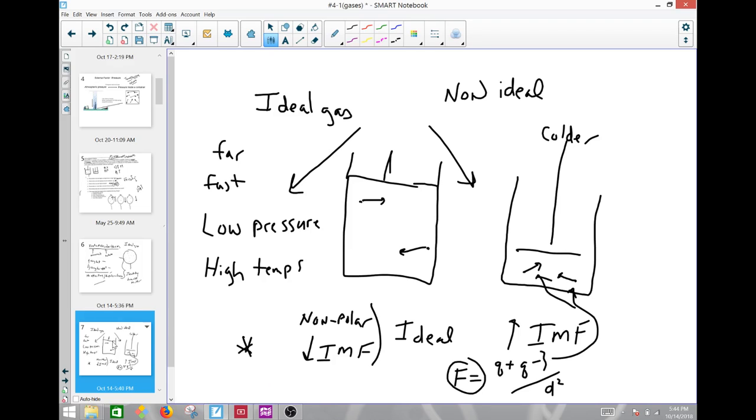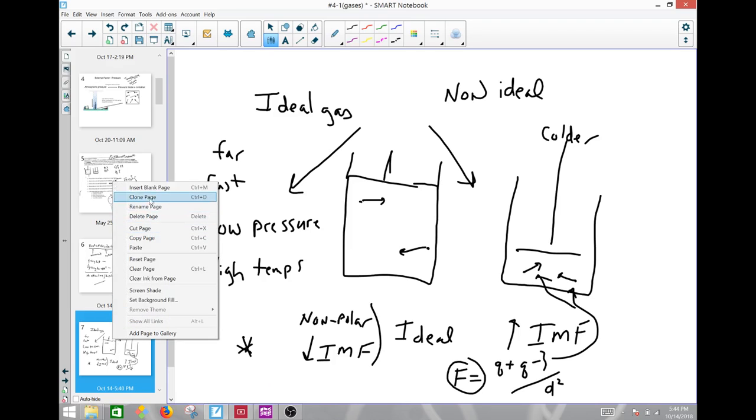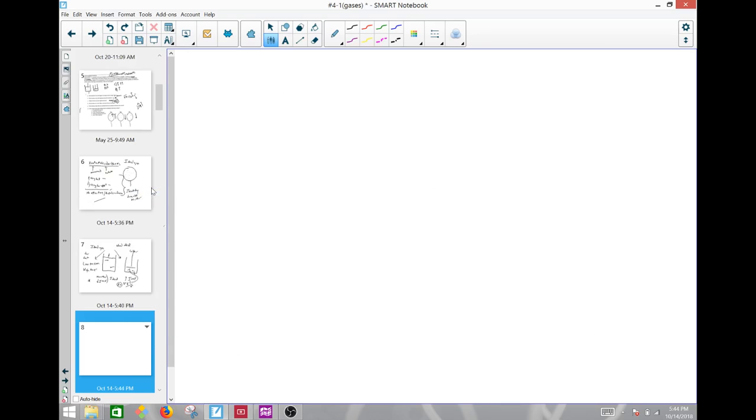Again, let's try another little example here. This came up in the last couple of years. If we have a container and we're compressing it, I'm taking this thing and jamming it down into a smaller and smaller area.